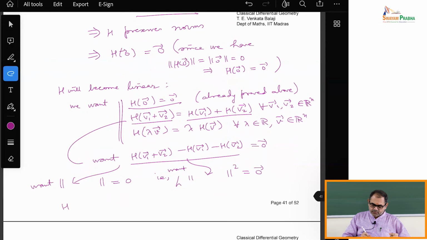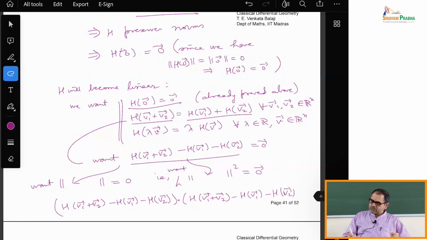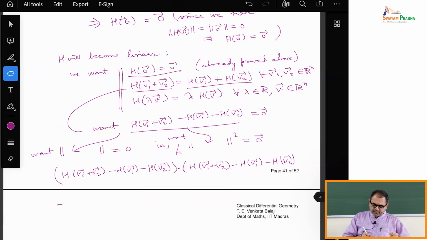So I will just have to compute H of V1 plus V2 minus HV1 minus HV2 dot with itself. So you compute the dot product and then write it out. So you'll get this dot it.